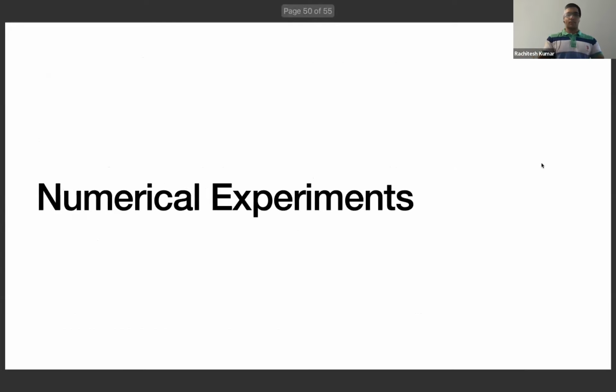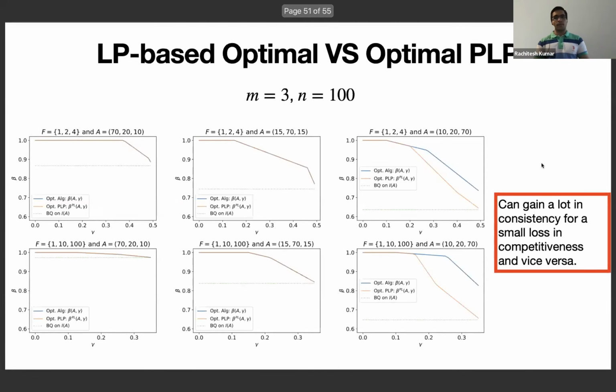So now I've described these two procedures. We can find the best protection level policy and the best policy overall. How do they compare? And that's what we investigate in our numerical experiments. As you can see, on most types of advice, we find that the optimal protection level policy is in fact optimal in general.